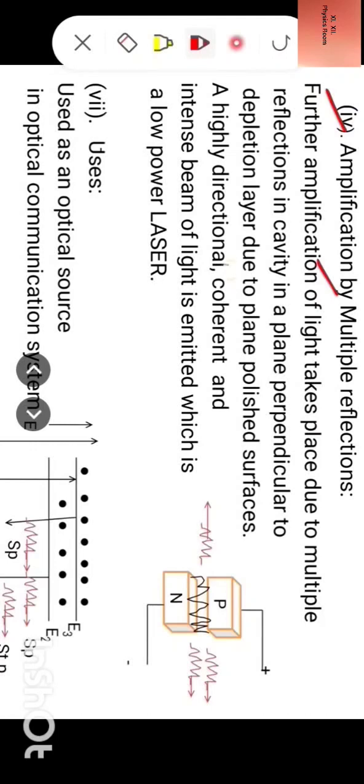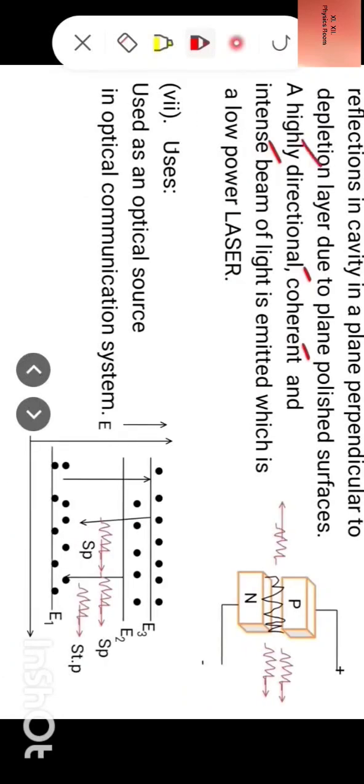A highly directional, coherent and intense beam of light is emitted, which is a low power laser.